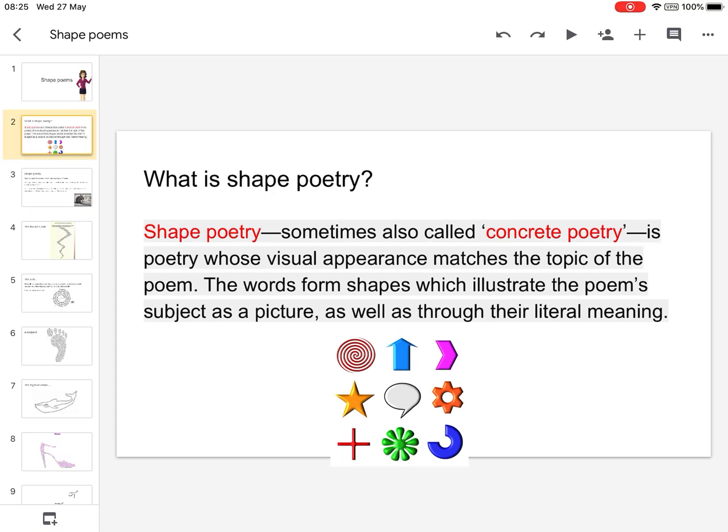So, for example, you might have a poem about a crescent moon, and on the paper, it's written in the shape of a crescent moon, and the topic of the poem is also that moon. So, the shape that you see and the words that you read complement each other, and they both describe, depict the thing which is being written about.